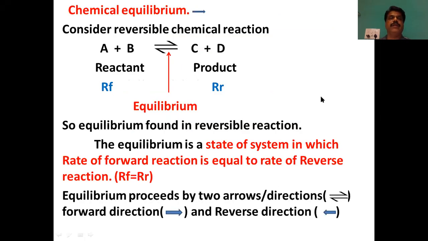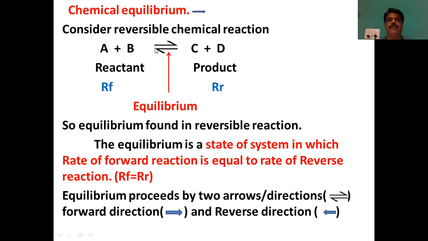Then chemical equilibrium: last year in science, we studied the definition of chemical equilibrium. For that, consider the reversible chemical reaction A plus B gives C plus D, where A and B are the reactants and C and D are the products.